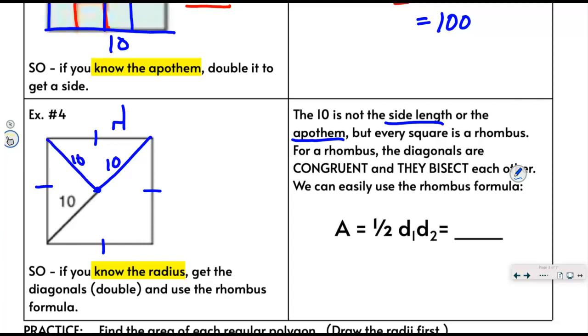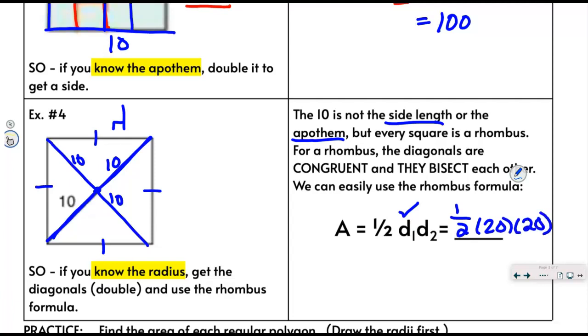So that means this is 10 and this is 10. So if they give me this radius, which is actually half of the diagonal, I'm going to treat my square as a rhombus and use the rhombus formula, which says we do 1/2 of diagonal 1, which would be 20 all the way across there. So I do 1/2 of 20 times the other one, which is also 20.